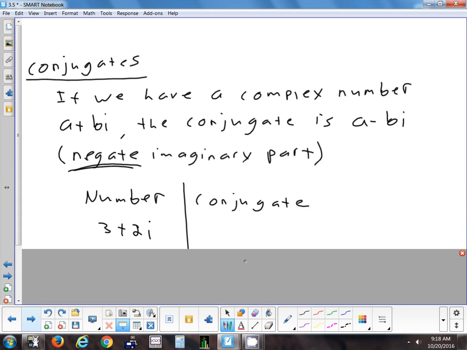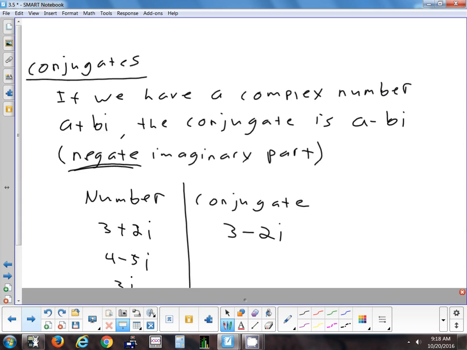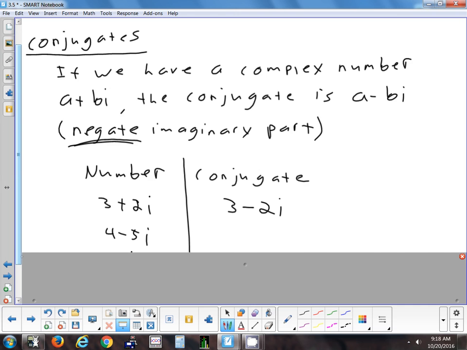Anyone think they could tell me what the conjugate of 3 plus 2i is? Nick? 3 minus 2i? Yeah, it's 3 minus 2i. How about if I had 4 minus 5i? What would be the conjugate of 4 minus 5i?